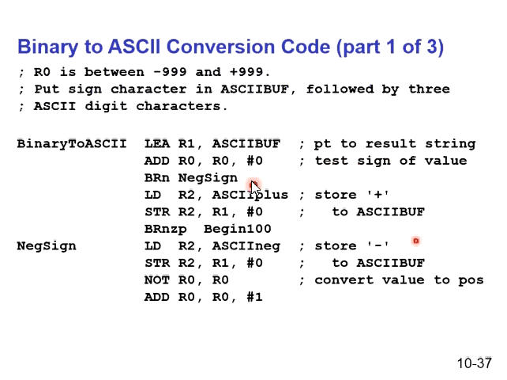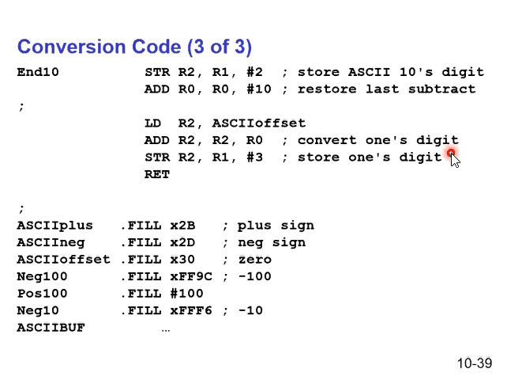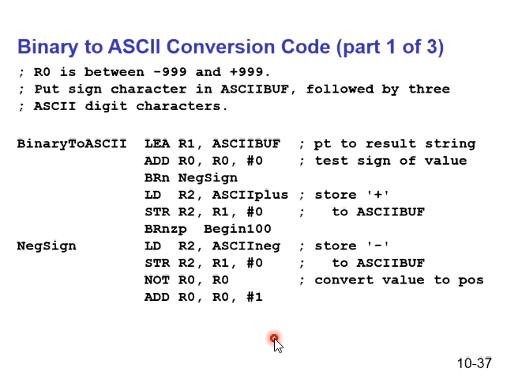we use the ASCII box as a start, but you don't see it because I would like to ask you the size of the ASCII box over here. How many locations? Okay, because over here the value in A0 is between minus 999 and plus 999.